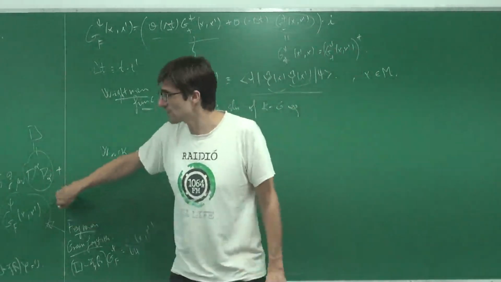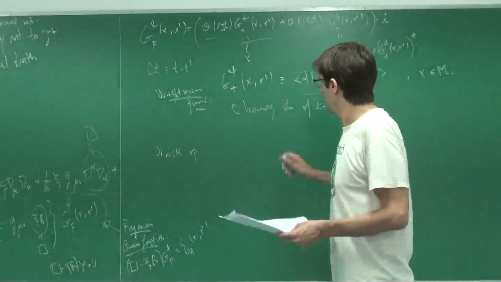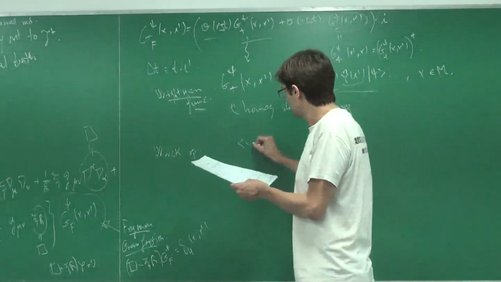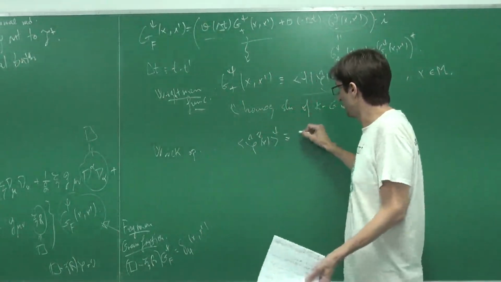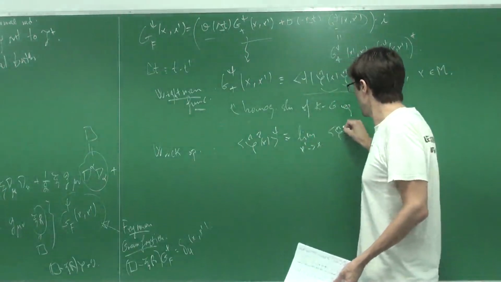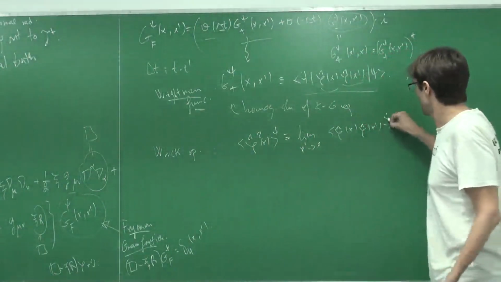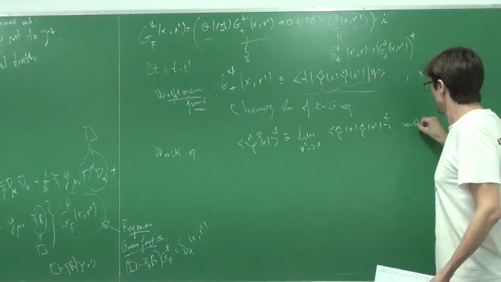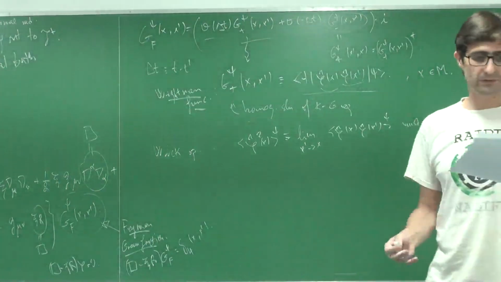So if you want to find the stress tensor, you need to take the derivative of phi squared. Now, for phi squared, this would be the limit as x prime goes to x of phi at x times phi at x prime, but this must be renormalized. This is not really well defined.